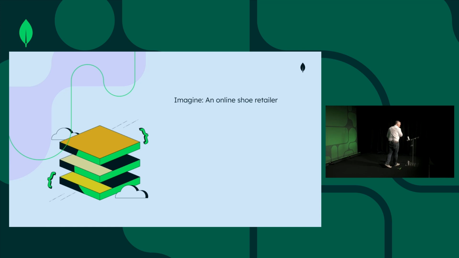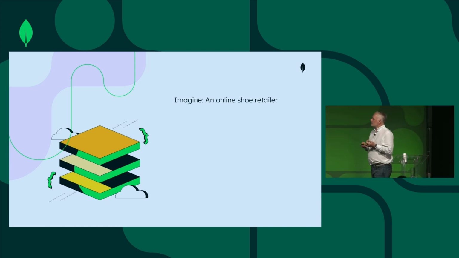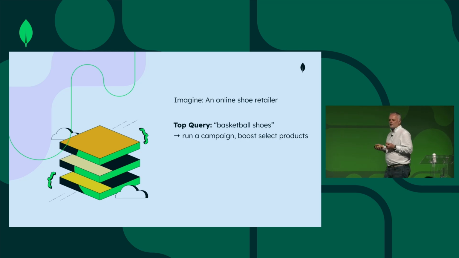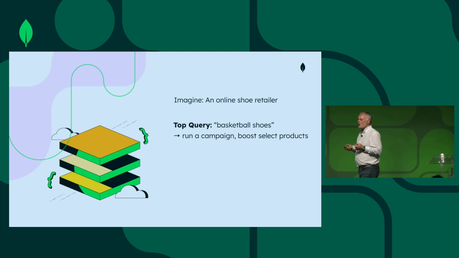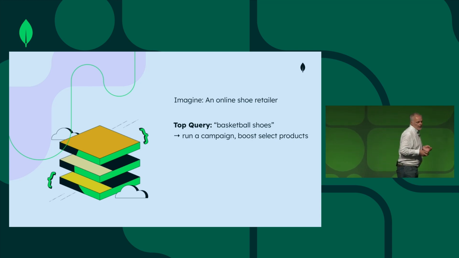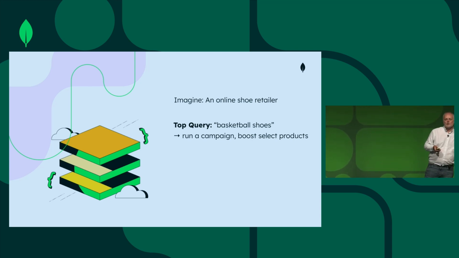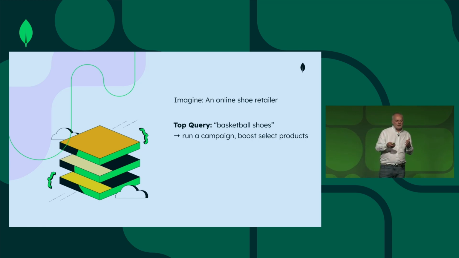Okay, so how would you use this data? First one is looking at the most common queries. So in my online shoe store, I see that people are doing lots of searches for basketball shoes. And we stock lots of different brands of basketball shoes, but we also know that LeBrons are particularly popular at the moment.